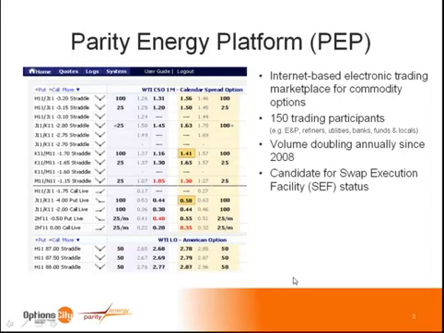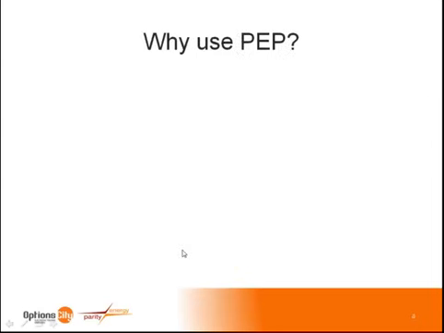As of today, PEP counts approximately 150 trading institutions as participants. Customers include crude oil and natural gas producers, oil refiners, utilities, investment and commercial banks, hedge funds, essential locals, and market makers. PEP operates currently as an exempt commercial market and is uniquely positioned to meet the upcoming regulatory requirements for swap execution facility status, and we'll learn more on that later.